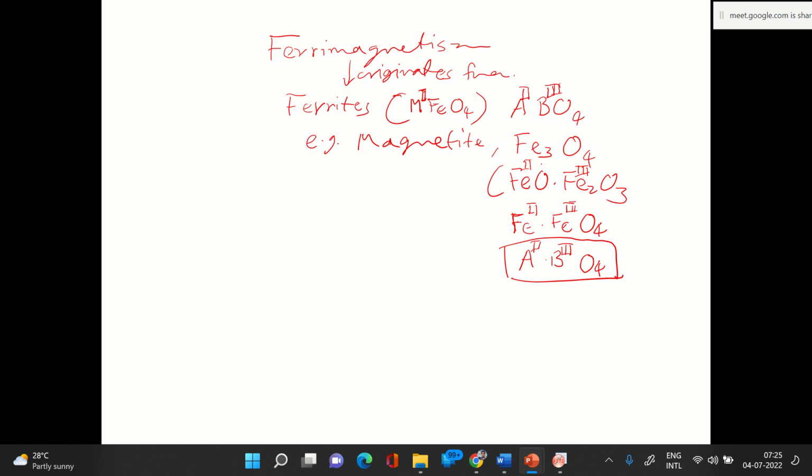That's why ferrite. So you can replace the Fe here. This is magnetite, and if you replace the Fe with another metal, zinc 2, this is again ZnFe2O4, so we call it zinc ferrite.